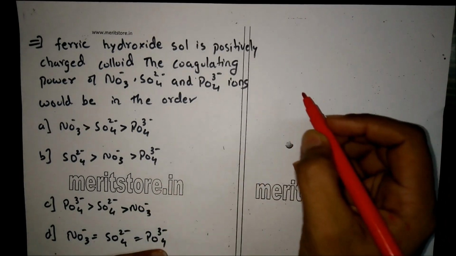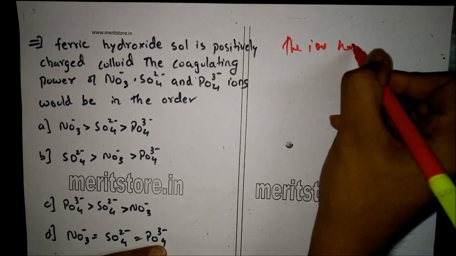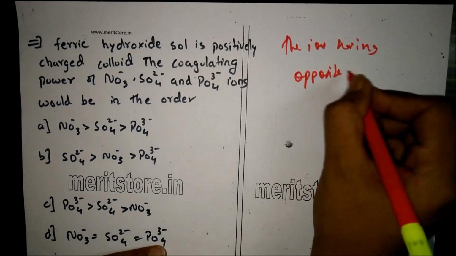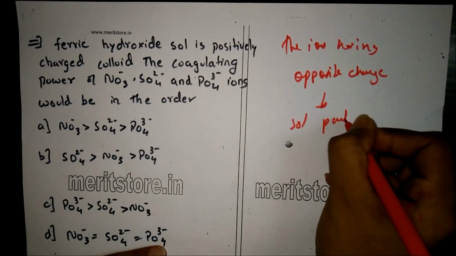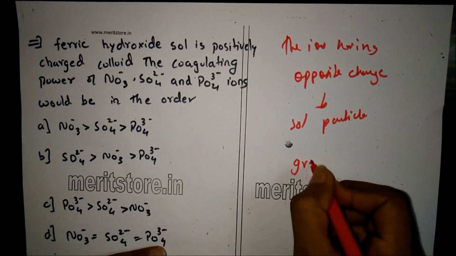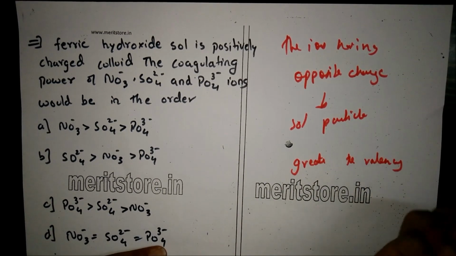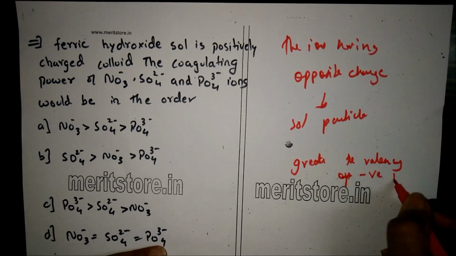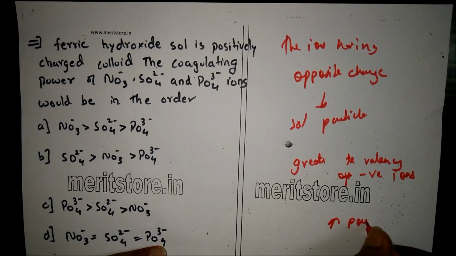According to the Hardy-Schulze rule, the ions having opposite charge, that is negative charge, to the sol particles cause coagulation, and the greater the valency of the oppositely charged ions, the more is the coagulation power.